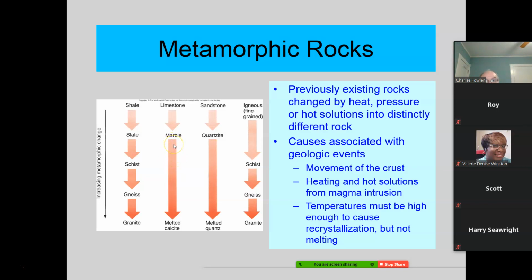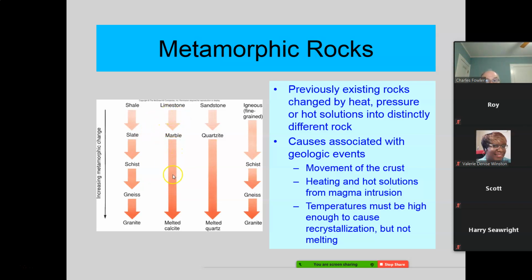It will wear away, but not nearly as fast as limestone will, because it's metamorphosized. The chemical bonds are much stronger, much harder. Now, marble can be brittle and can chip away that way. It's still made out of calcium carbonate, so if you get too much acid on it, like acid rain even, it will begin to pit a little bit, but not nearly as fast as limestone will.